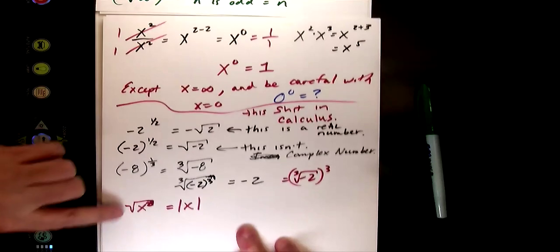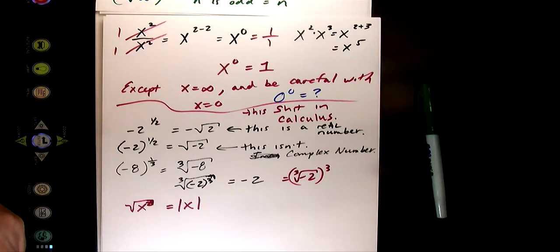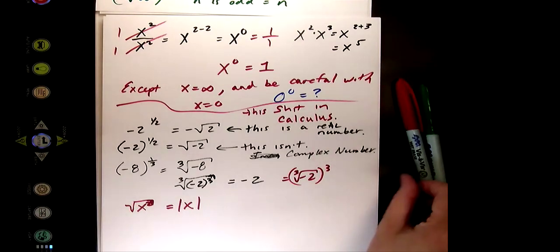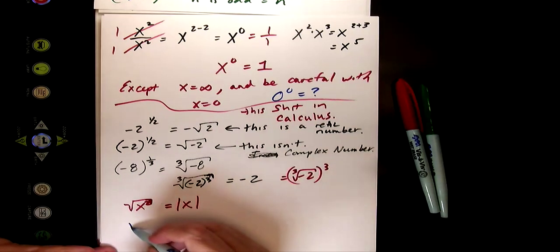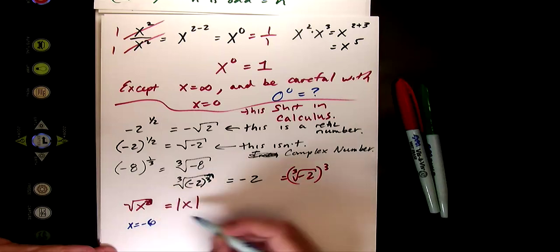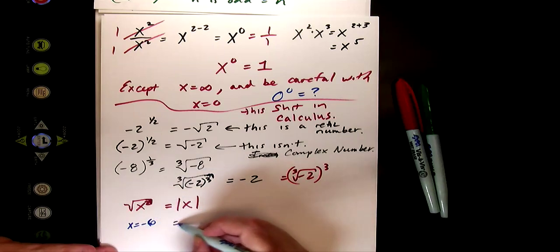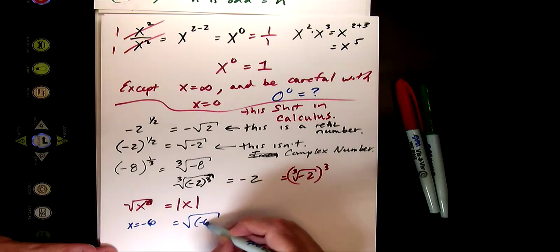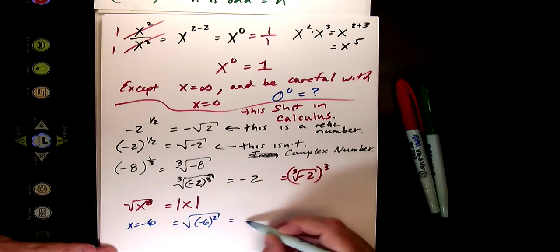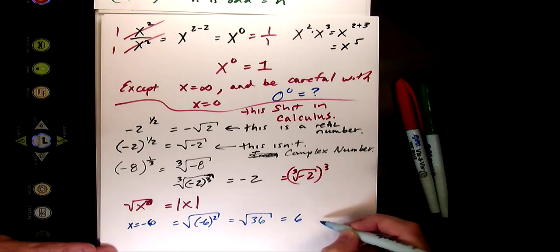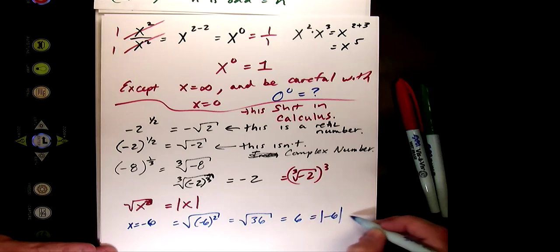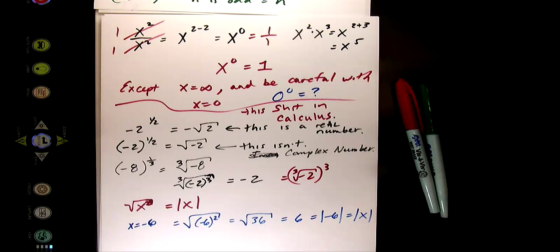The reason why is if I plug in a negative number, like let's say x equals -6, I've got the square root of -6 squared, which is the square root of 36, which is 6, which is the absolute value of -6. So we have the absolute value of x.